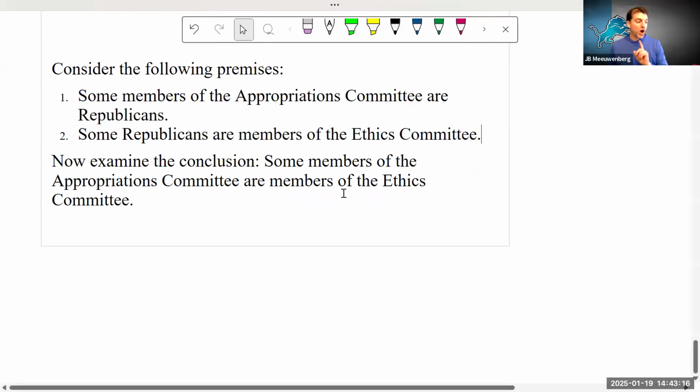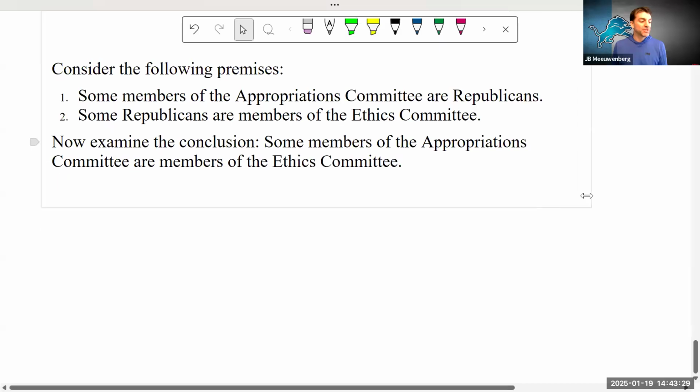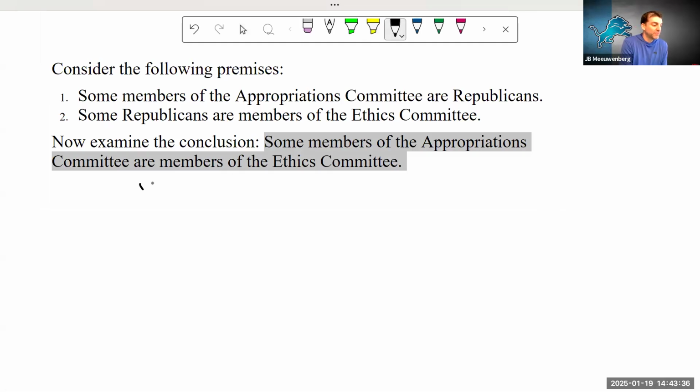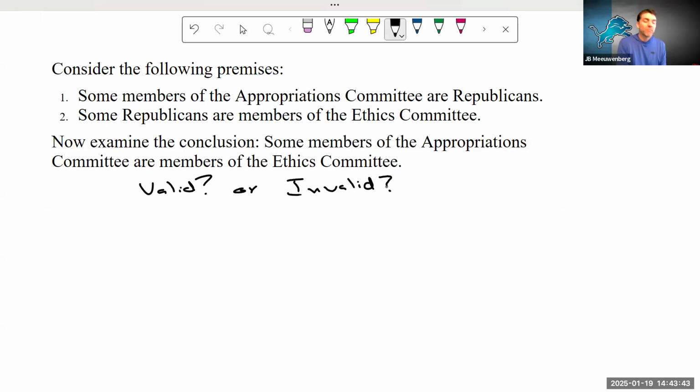Some Republicans are members of the Ethics Committee. So let's say somebody drew this conclusion: some members of the Appropriations Committee are members of the Ethics Committee. Your job is to determine, what do you think about that? Is that valid or invalid? And use a diagram to help you make sense of this. Go ahead and pause the video and work this through on your own.